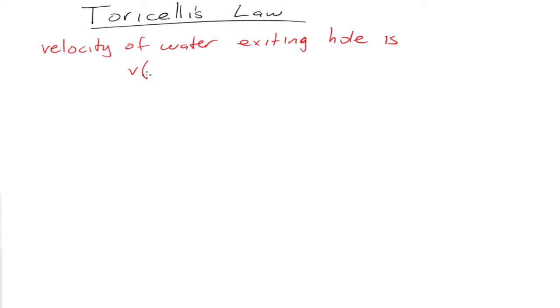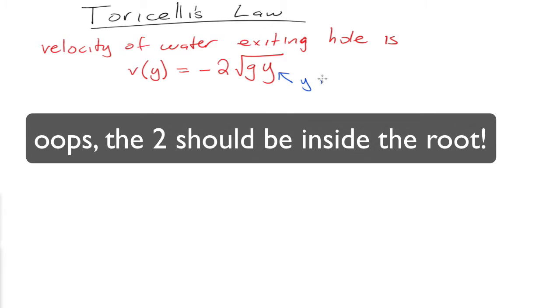Specifically, the velocity of the water is equal to -2 square root of the gravity times y, where y represents the height.